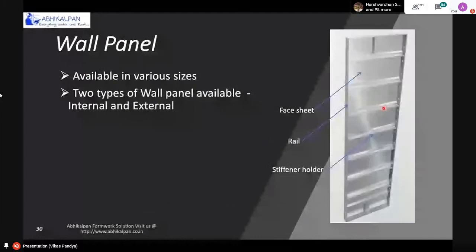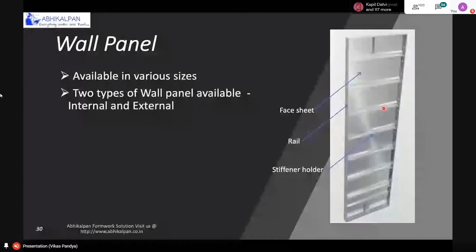As you can see in this picture, the face sheet is of aluminium alloy, and the thickness of this face sheet is around 4 mm. This face sheet is supported by the stiffener cum holder. These are the stiffeners which you can also use as a holder. The next part is the rail.